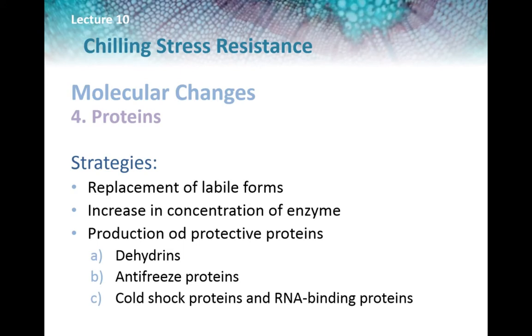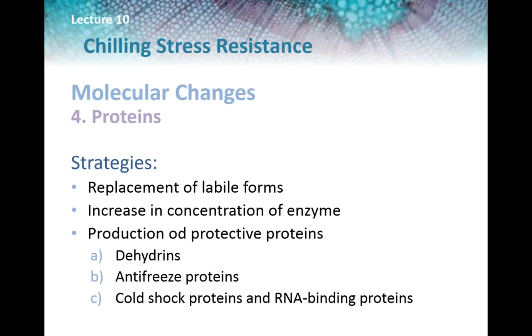Plant cells change their protein synthesis activity when exposed to chilling. Some of these changes address enzymes to compensate for decreased activity at low temperatures. This approach can include replacement of labile forms of enzymes with a more stable isozyme, possibly one that relies less on hydrophobic stabilization.